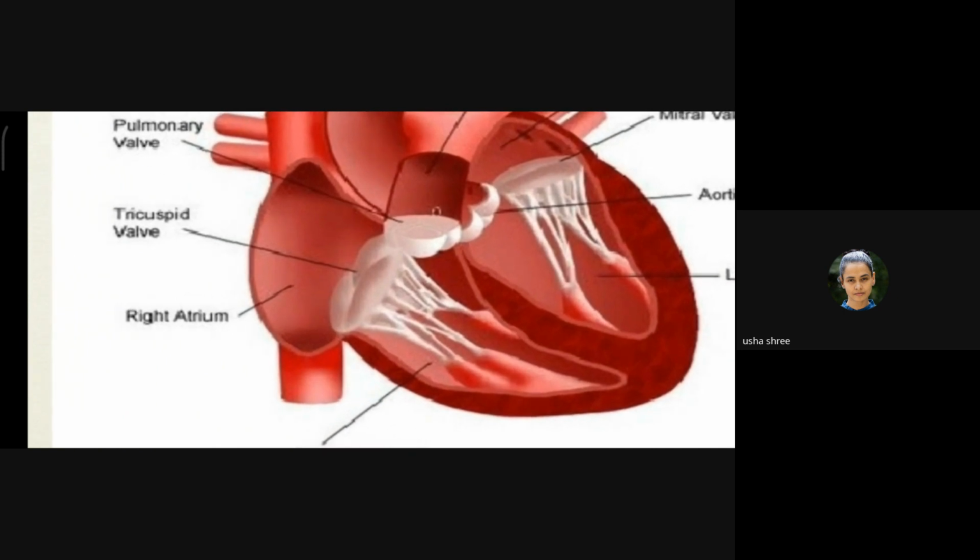Here you can see the three parts of that door. Generally, all the valves are tricuspid, but only bicuspid valve or mitral valve is present between left ventricle and left atrium.